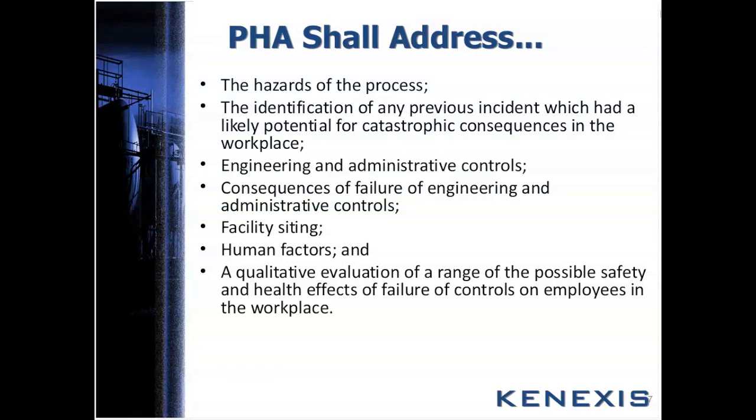This is a big job for a PHA. To be quite honest, the HAZOP is the workhorse of the industry, and will cover most of these potential issues or topical areas. Typically, after a HAZOP, most folks will do a siting and a human factors checklist just to make sure they cover their bases in detail.